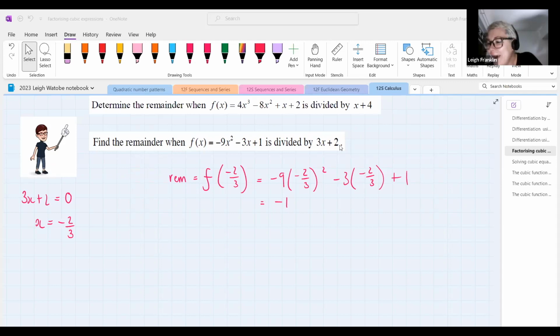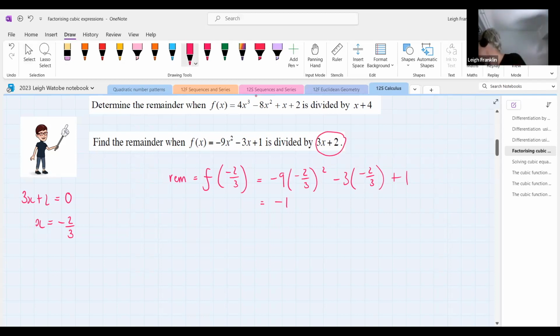Okay, so in other words, all you're doing is you're calculating a remainder. You take your linear polynomial, you make it equal to 0, and you solve for x. The value that you get for x is what you sub into f of x in place of x, and that's your answer. And that's as difficult as it is.